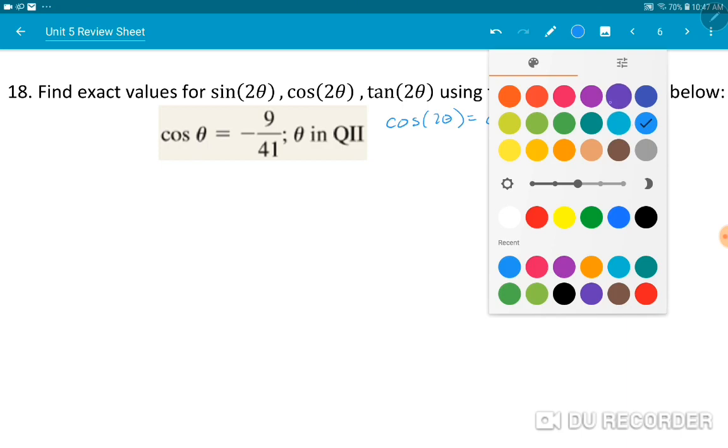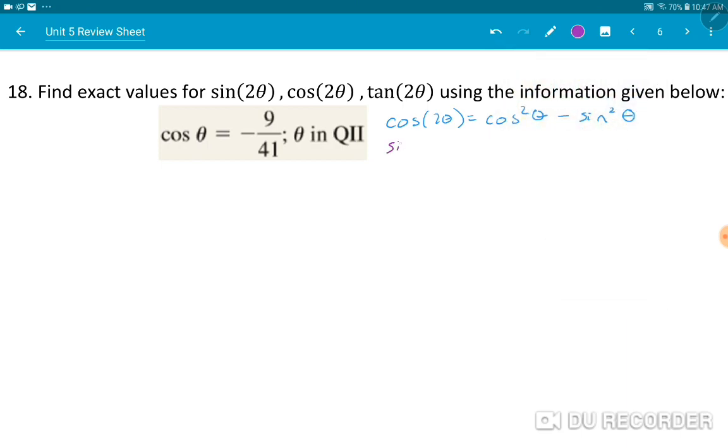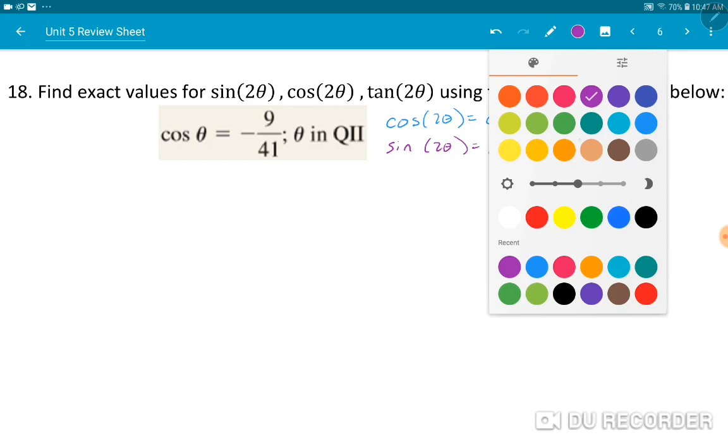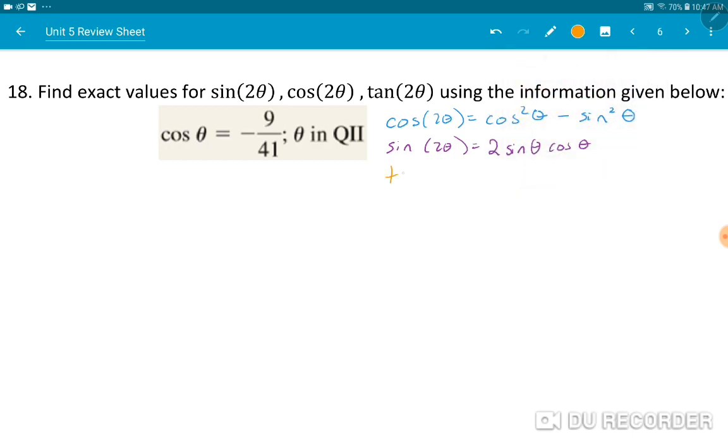And sine of 2 theta is 2 sine theta cosine theta. And tangent, as long as those come out somewhat pretty, rather than using the double angle formula for tangent, we could use the above answers.